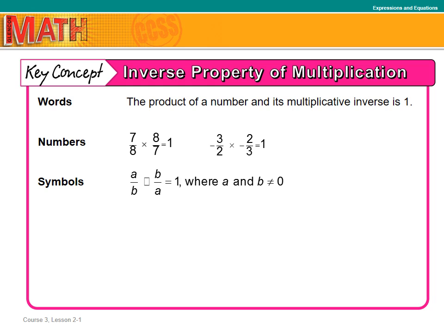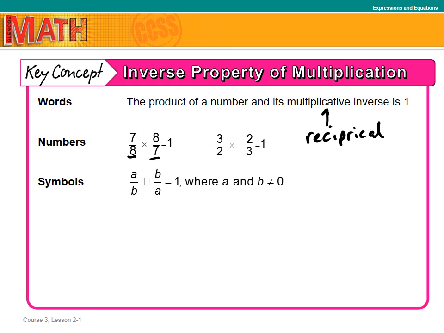Here's our first key concept: inverse property of multiplication. The product of a number and its multiplicative inverse, again, we can also call that reciprocal, is 1. Two more examples here. We have 7/8 times 8/7.